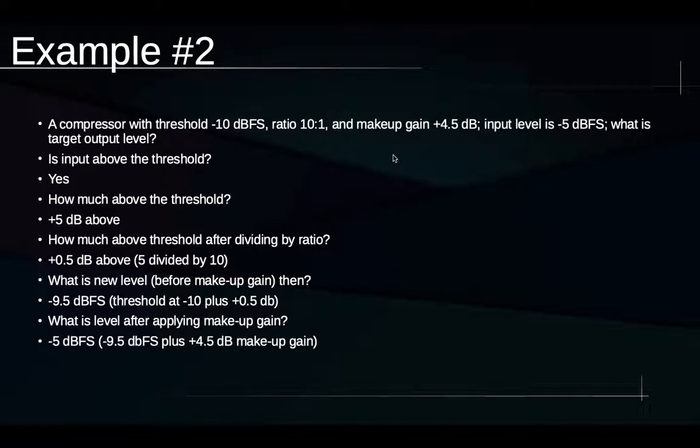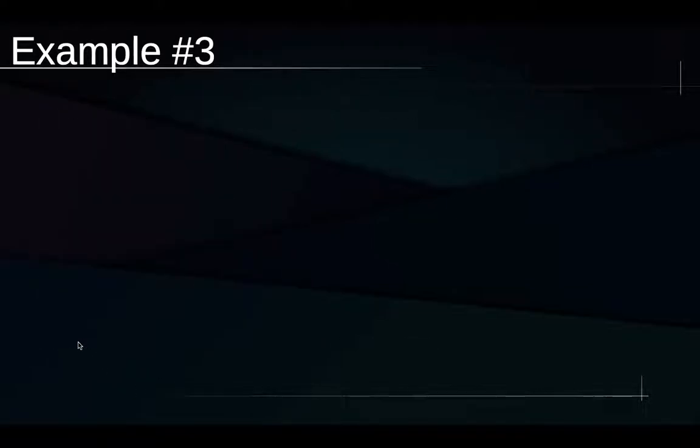Basically, the levels that are above the threshold are not coming up as much as the levels below the threshold. So the levels below the threshold are being pushed closer to the levels above the threshold. Compression is happening, even though we got the same answer for input and output in this particular situation.